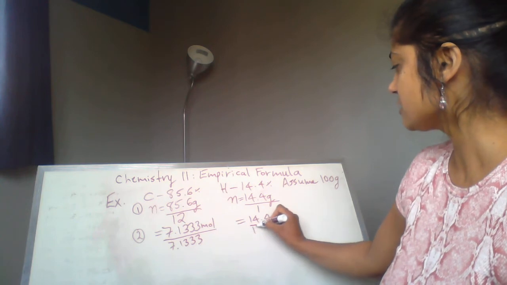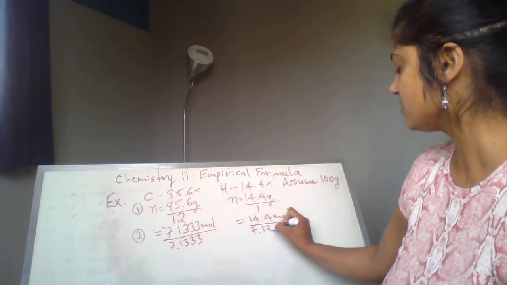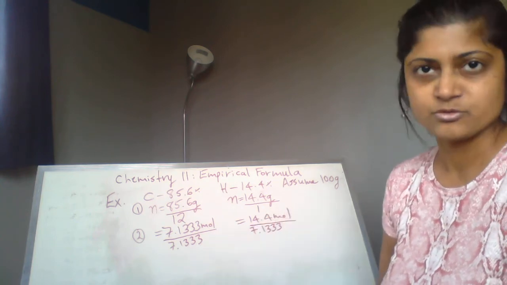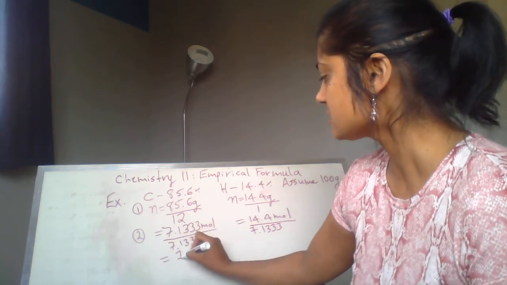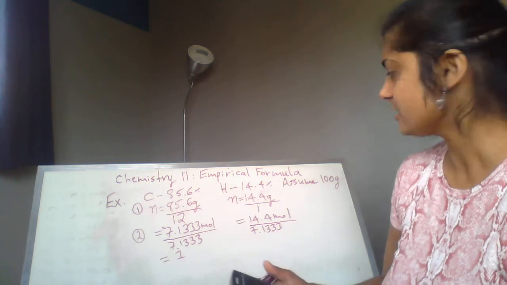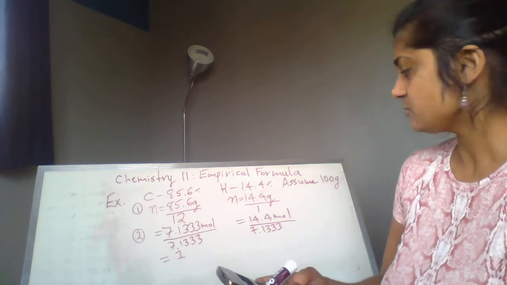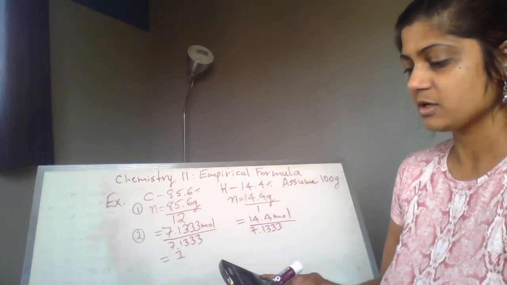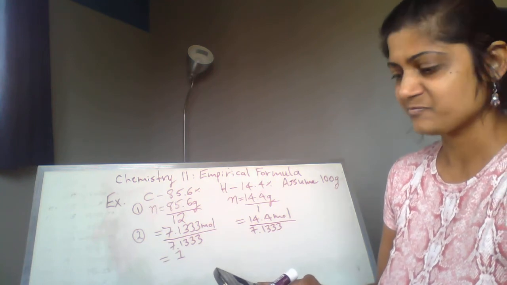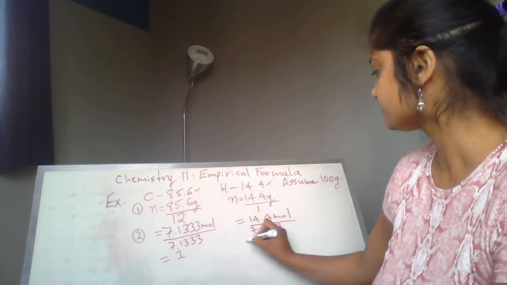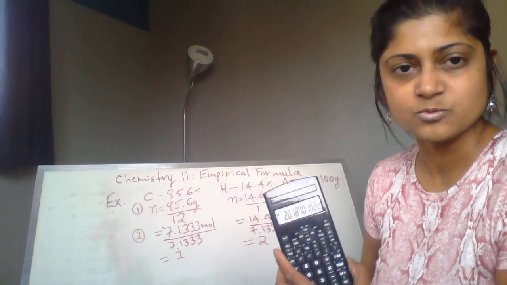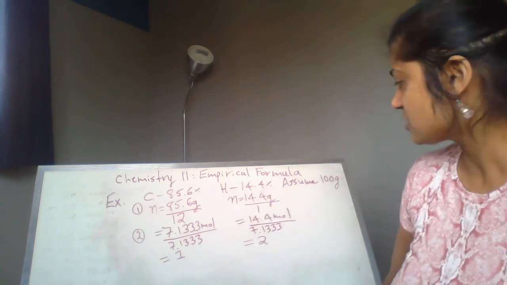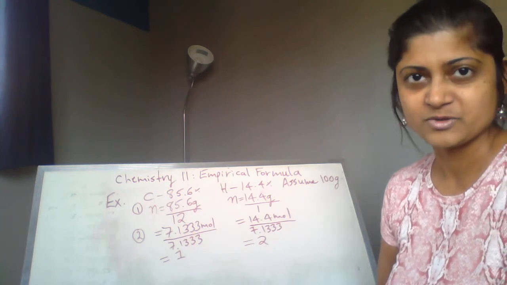For the hydrogen, I'm going to put 14.4 divided by 7.1333, with the 3 repeating, and I'm getting an exact value of 2.0. So I'm just going to round that to 2.